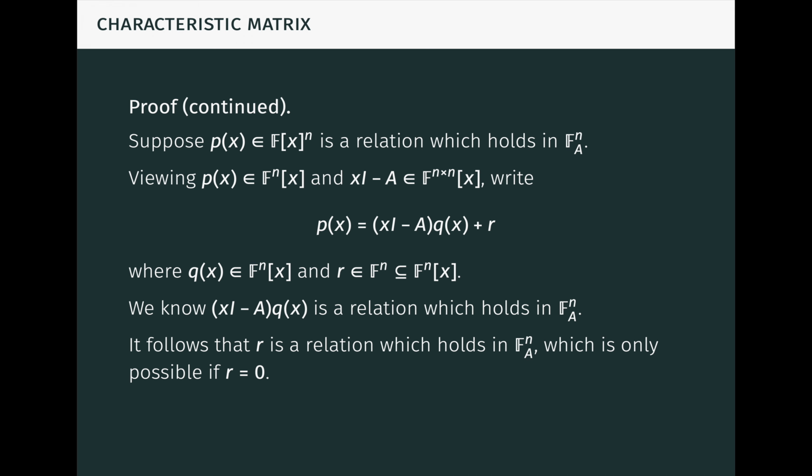It follows that the scalar vector r is a relation which holds in F^n_A, which is only possible if r is the zero vector. But that means p(x) is in the span of the columns of the characteristic matrix, so the columns are generating relations as desired. In fact, the columns form a basis for the relations, but we won't need that additional detail.